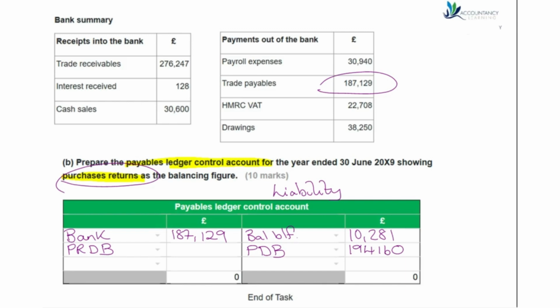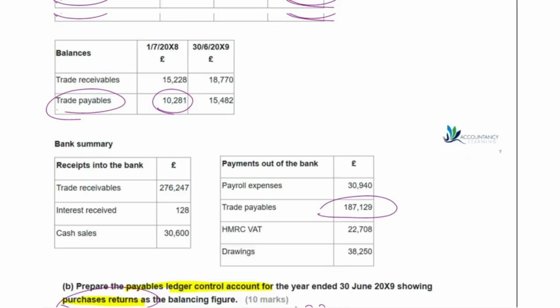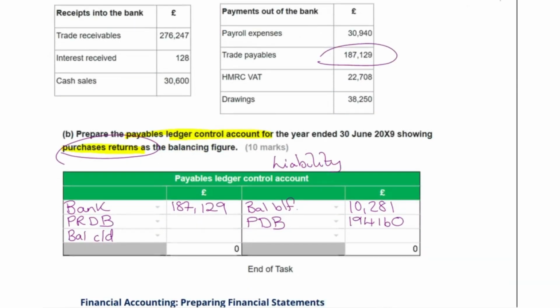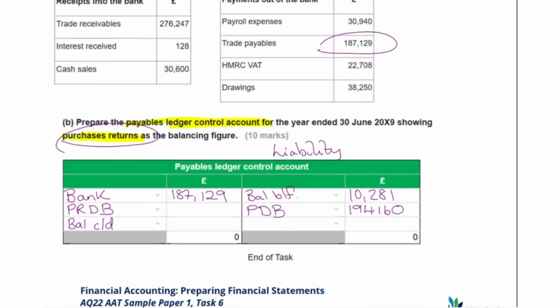And then we're going to have our carried down balance, which we can find by looking at our end of year figure. So that is what would then be our opening balance on the next financial period. So that becomes our carried down balance.